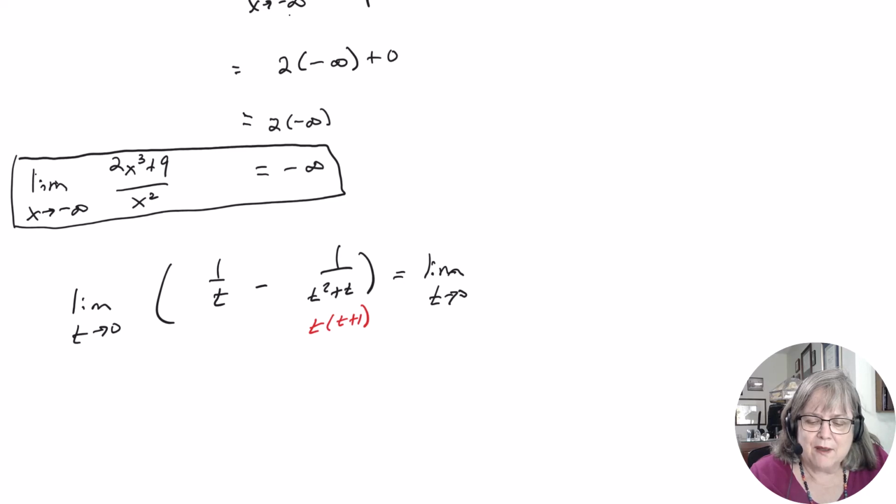So this denominator is t times t plus 1, and this denominator over here is just a t, so it needs a t plus 1. So I multiplied top and bottom by that. And I would have t plus 1. There was a minus there I just covered up. Minus 1 over t times t plus 1.